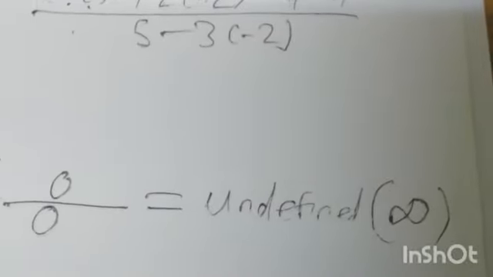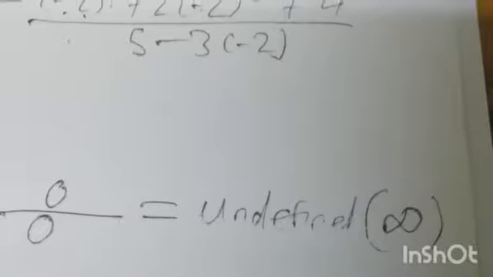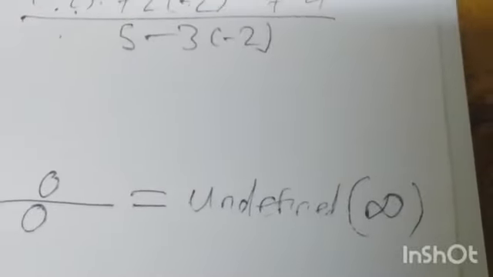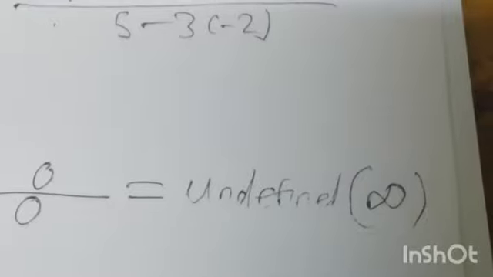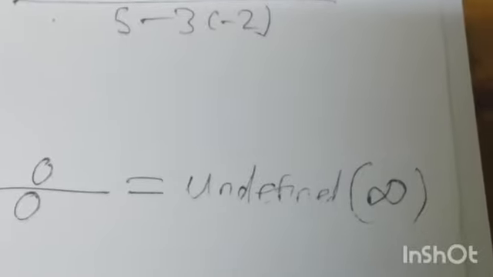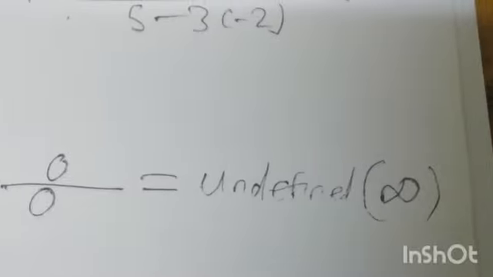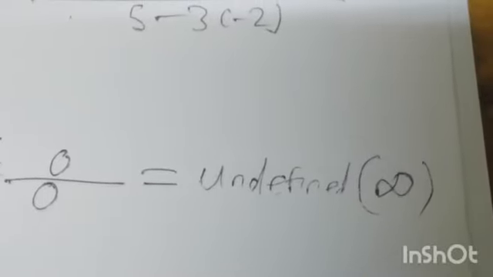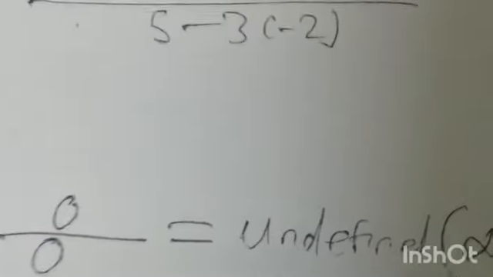So the more the denominator decreases, the higher the answer goes up. That's why we cannot determine the number of times 0 can go into another number. That's why we just say it's undefined or it's infinity, because the number is too big for us to assume it. So now under limit, we don't want the answer to be undefined.